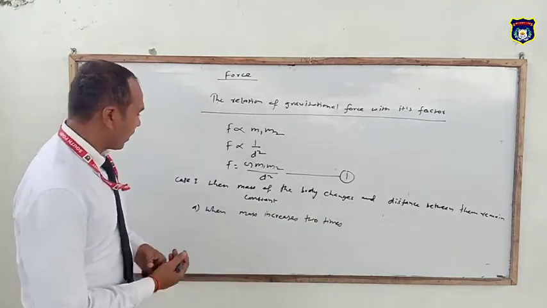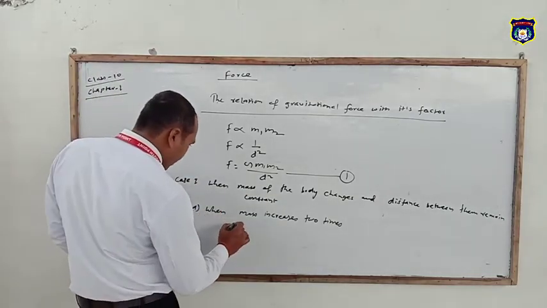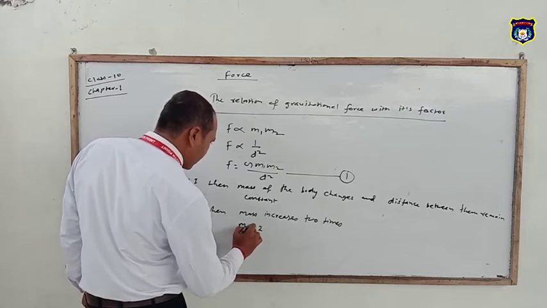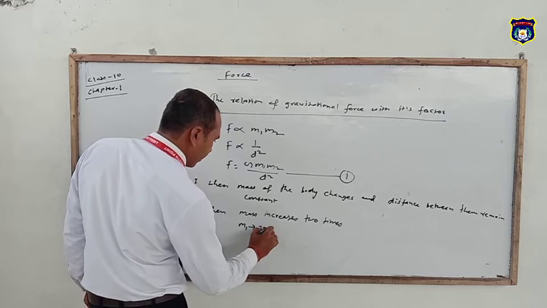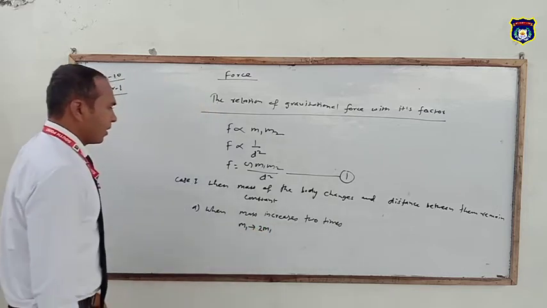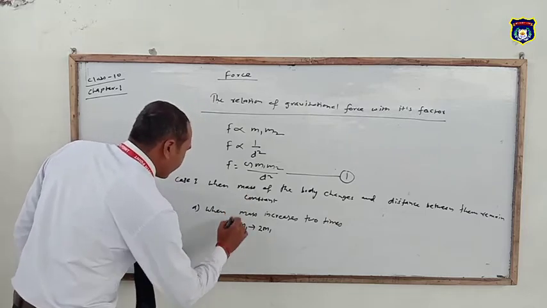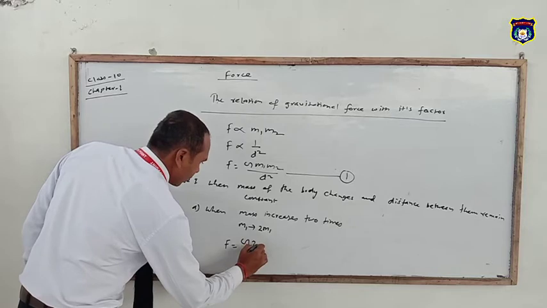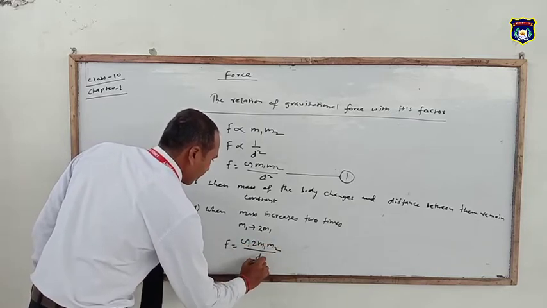Then what effect appears in the gravitational force among them? It means m1 becomes 2m1. Then when we write, F is equal to how much? G 2m1 m2 by d square.